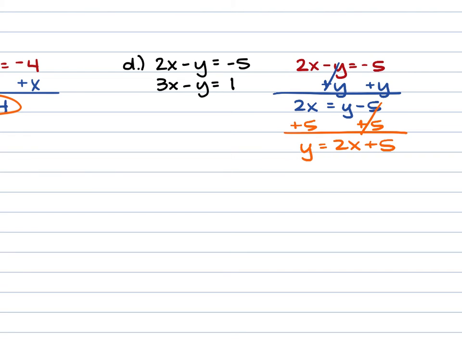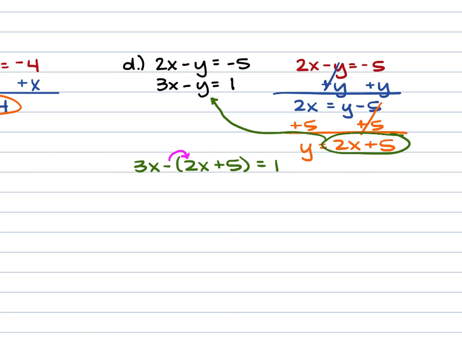So now that I have a y is equal to, I can take that expression, that 2x plus 5, and plug it in for y in my second equation since I haven't worked with that one yet. So this is going to give me 3x minus whatever y is, so that's (2x plus 5). Once again, I keep parentheses around that 2x plus 5 is equal to 1.